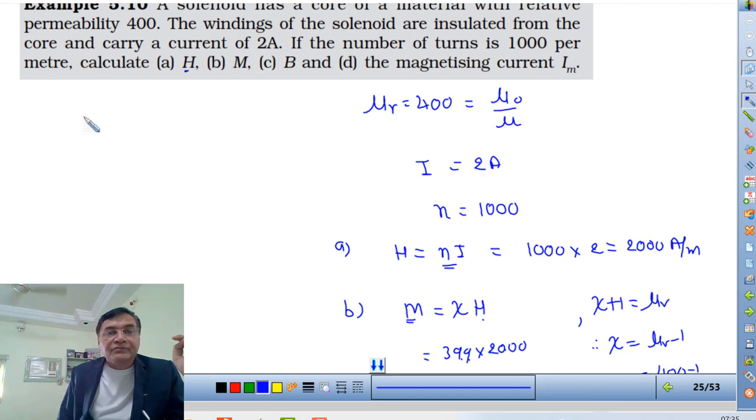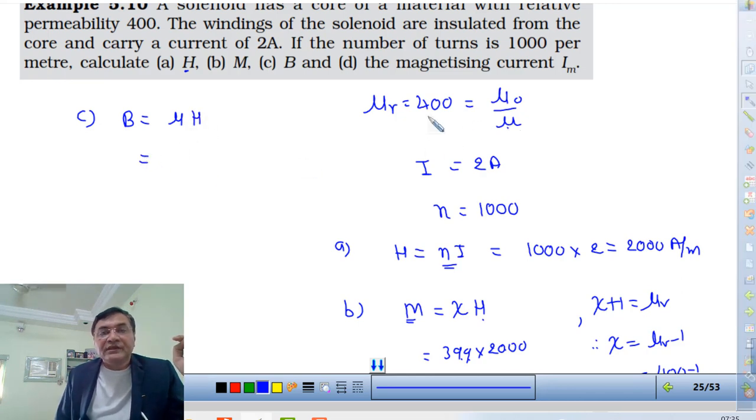Then see, B is equal to mu H. We know that. What is mu? So mu we will get from here. Mu is mu 0 into mu R into H. Mu 0 is 4 pi into 10 raised to minus 7.